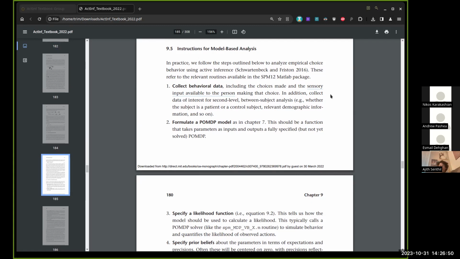The sensory inputs available to the subject doesn't mean just the ones that you want. And so that can disrupt a lot of the statistics.